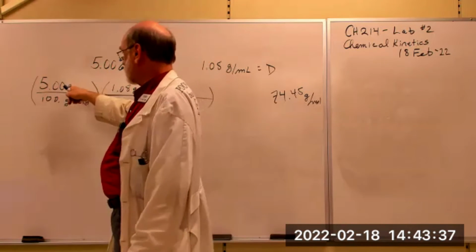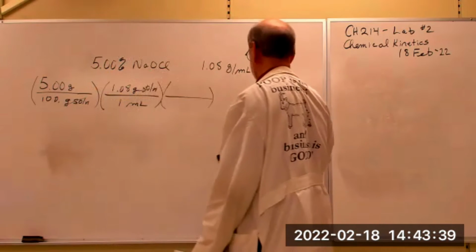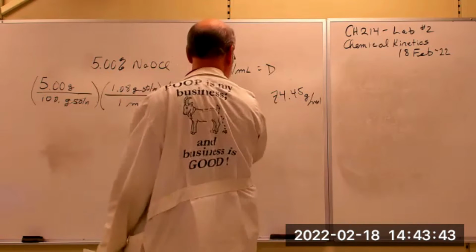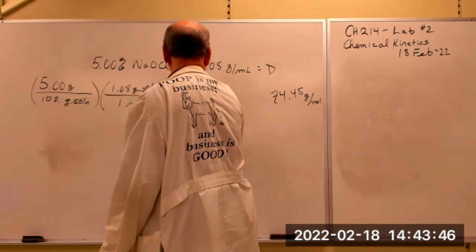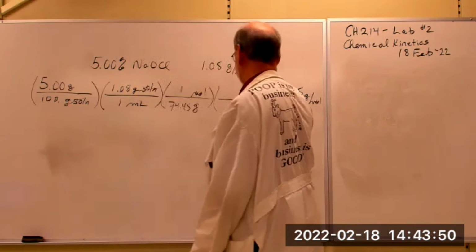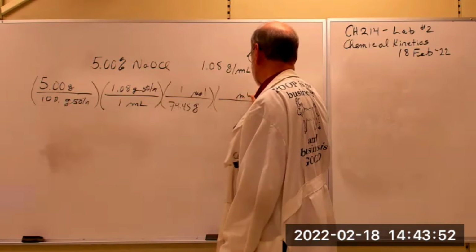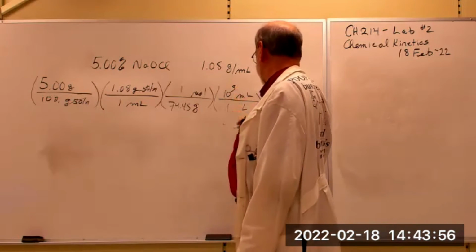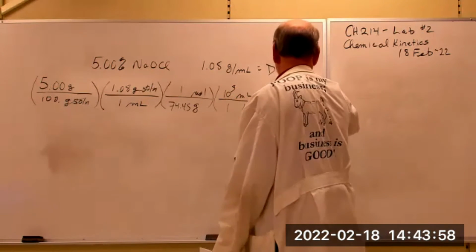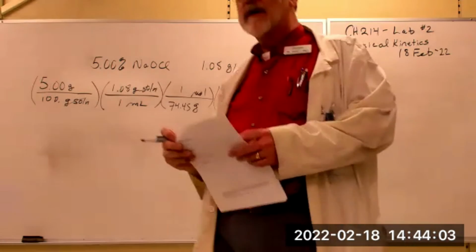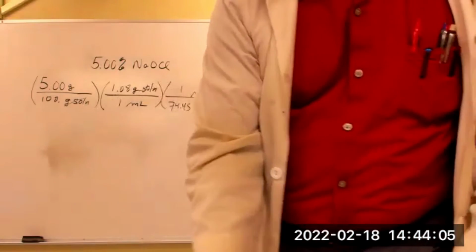Now we need to change grams to moles, so we need grams on the bottom, moles on the top. That's 74.45 there. And we got milliliters here. We need to get rid of milliliters to make it liters, so that's 1,000 milliliters per liter. And that should be the molarity of the bleach, if it is, in fact, 5%.